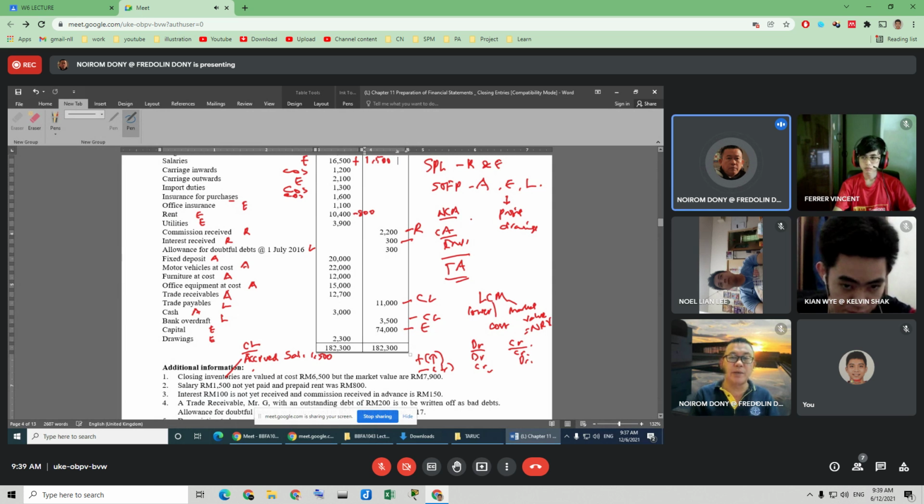So where is the debit? The debit is when we provide under current asset, prepaid rent.